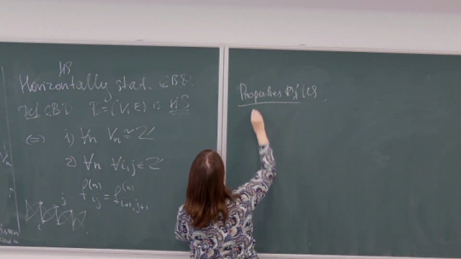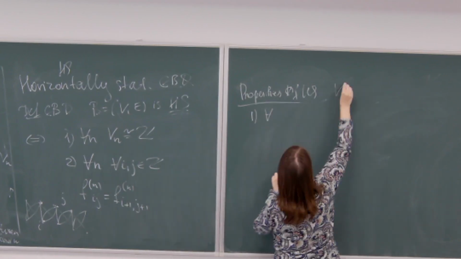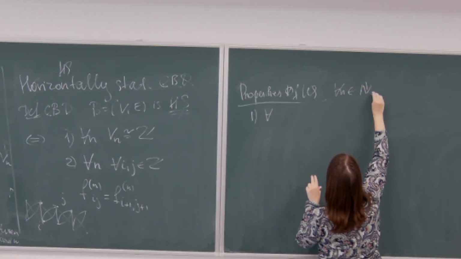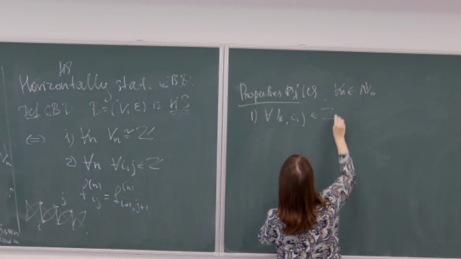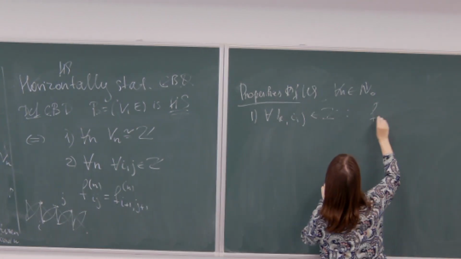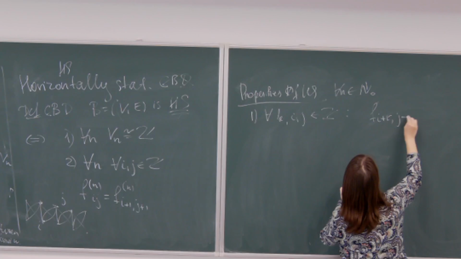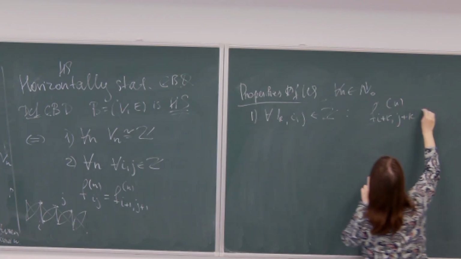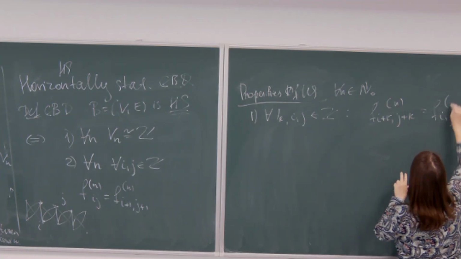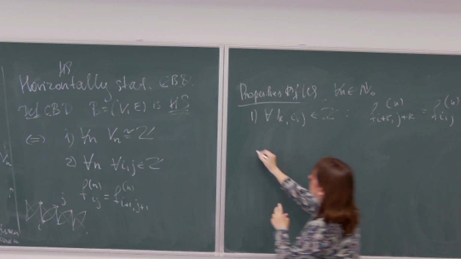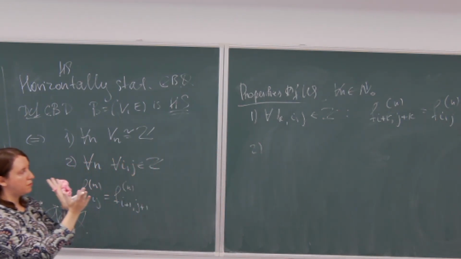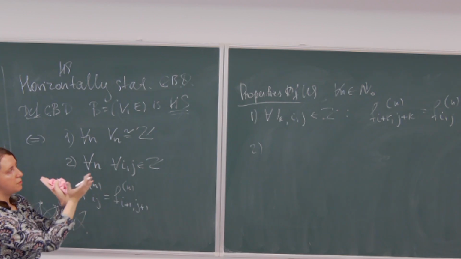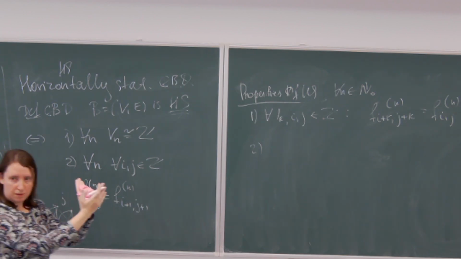So clearly, for every level n and for every i, j in Z, we have of course f_{i+k, j+k} equal to f_{ij}. So for every vertex, if we fix level n, the number of incoming edges is the same, right?